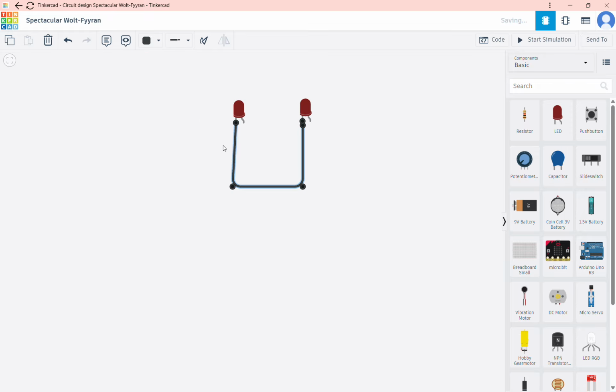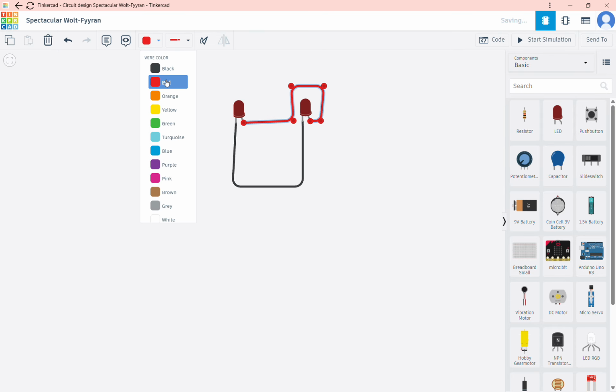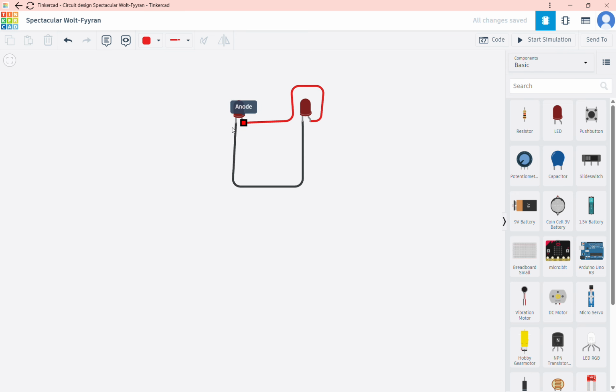We have this as negative, and we should connect this and we change to red. So these are positive. So now we have connected this in parallel connection. The cathode connected to the cathode of the next component, and the anode connected to the anode of the next component. That's parallel.